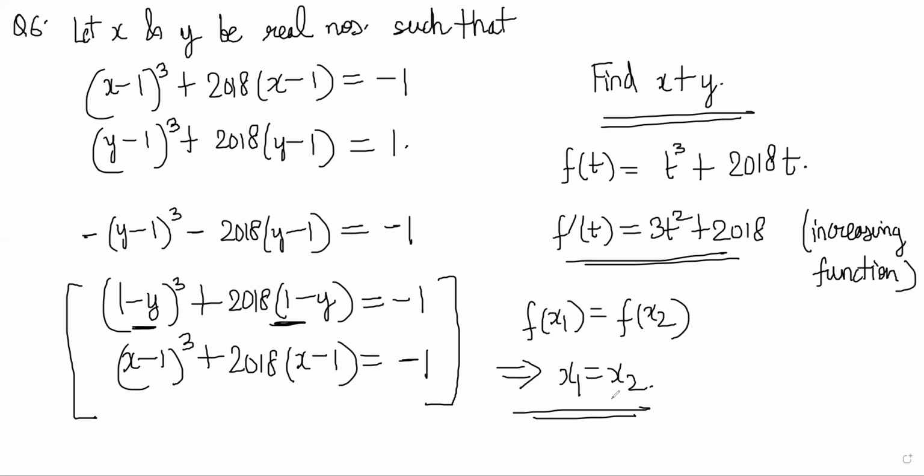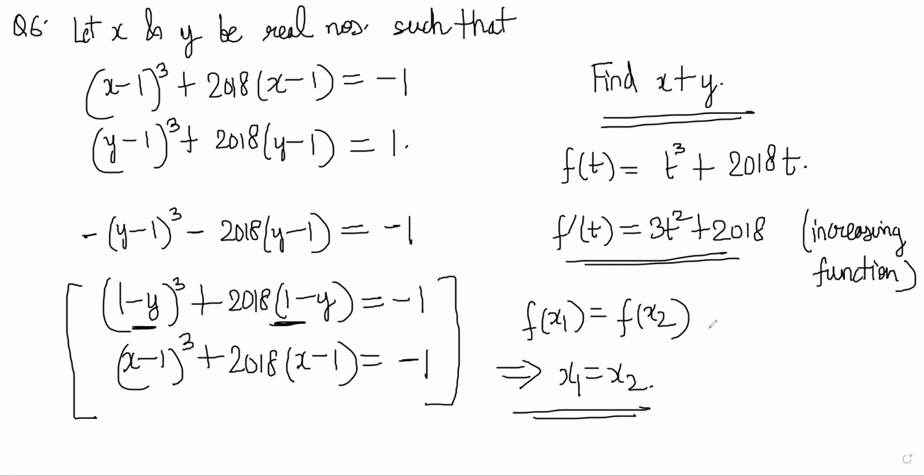For any monotonically increasing or decreasing function, the value of the function cannot be equal at 2 points whose inputs are different. If f of x1 is equal to f of x2, that means x1 must be equal to x2. The function is not ever going to have the same value once it goes away from x1, right?